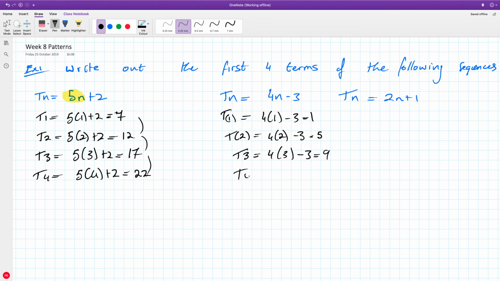And T4 is equal to 4 times 4 minus 3, which is 4 times 4, 16, 13. Exactly. And what's going up by each time? That's why it's 4n. Alright, so the number here is going to tell you how much it is going to go up by each time. Alright, and that's going to make sense in a minute. And so, what's T1 down here?